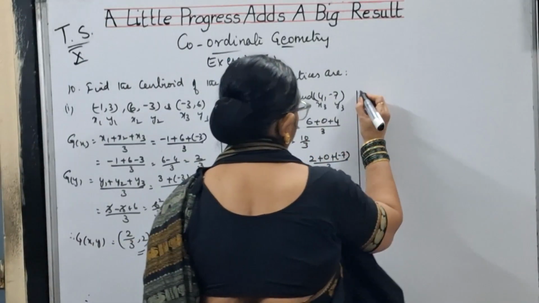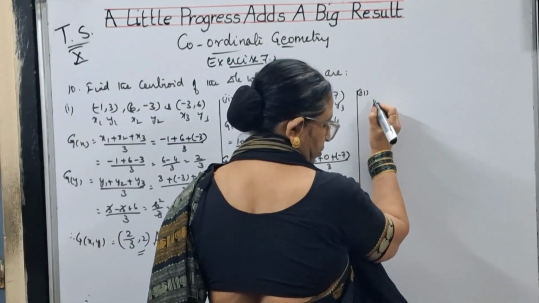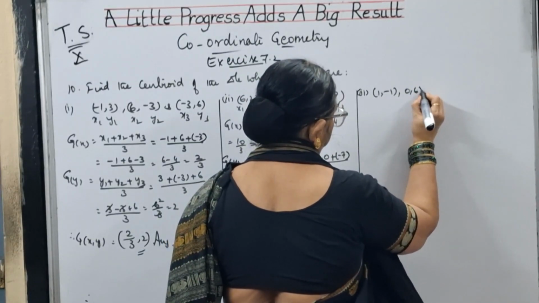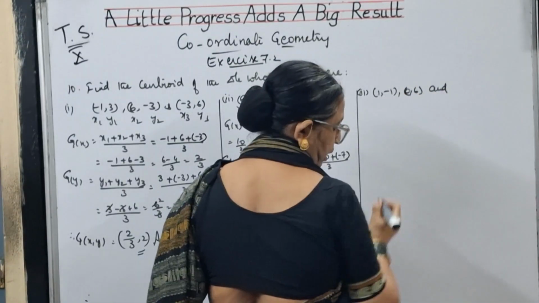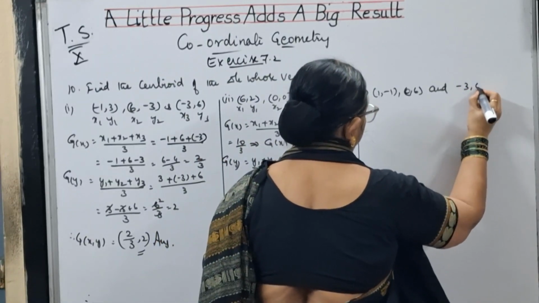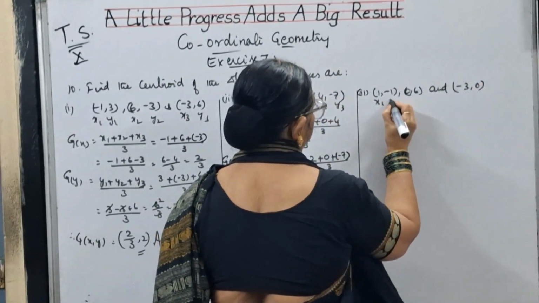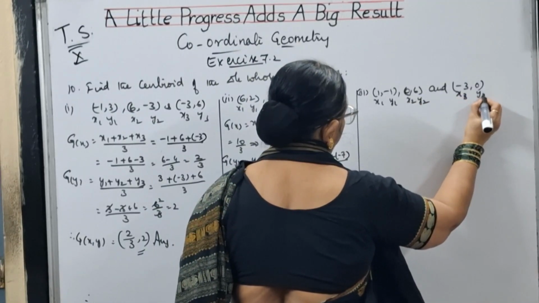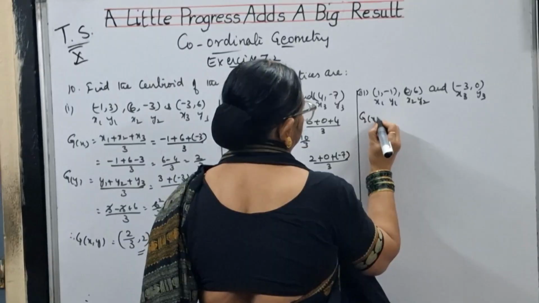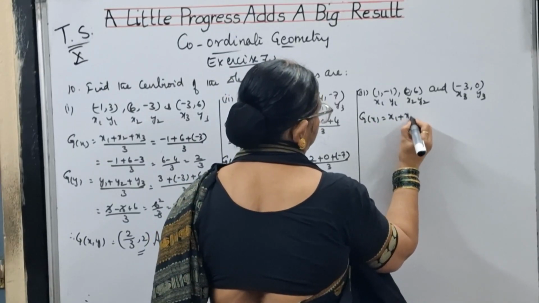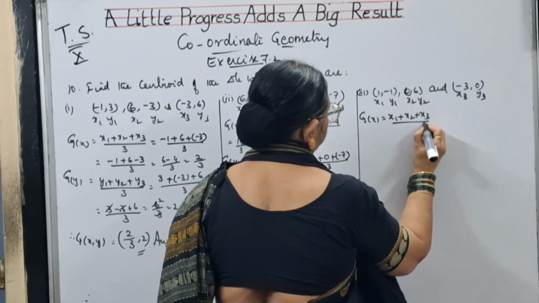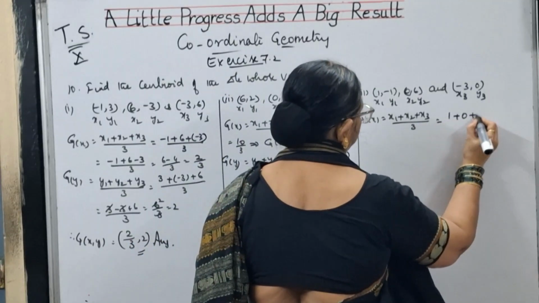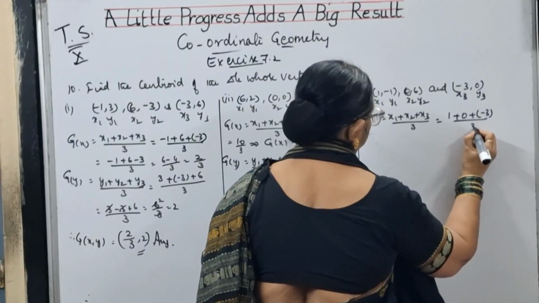Third bit now. 1 comma minus 1, 0 comma 6 and minus 3 comma 0. x1, y1, x2, y2, x3, y3. g of x, (x1 plus x2 plus x3) by 3. x1 1 plus x2 0 plus x3 minus 3 by 3.